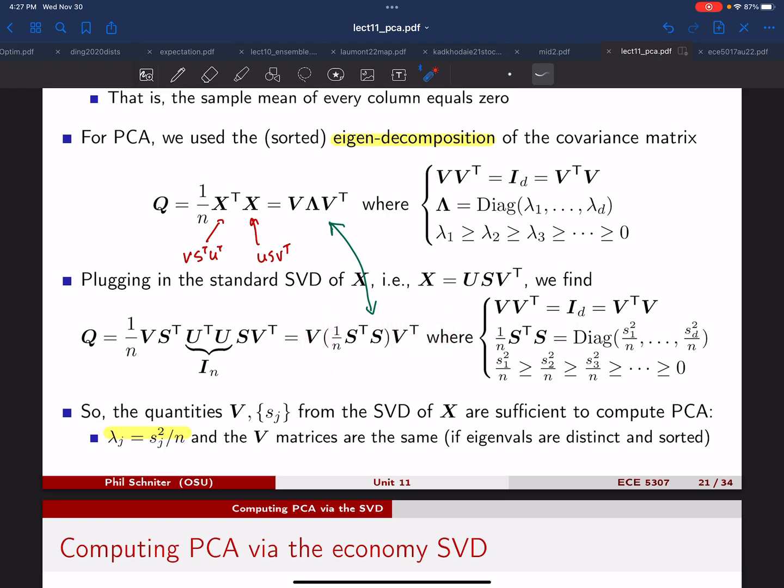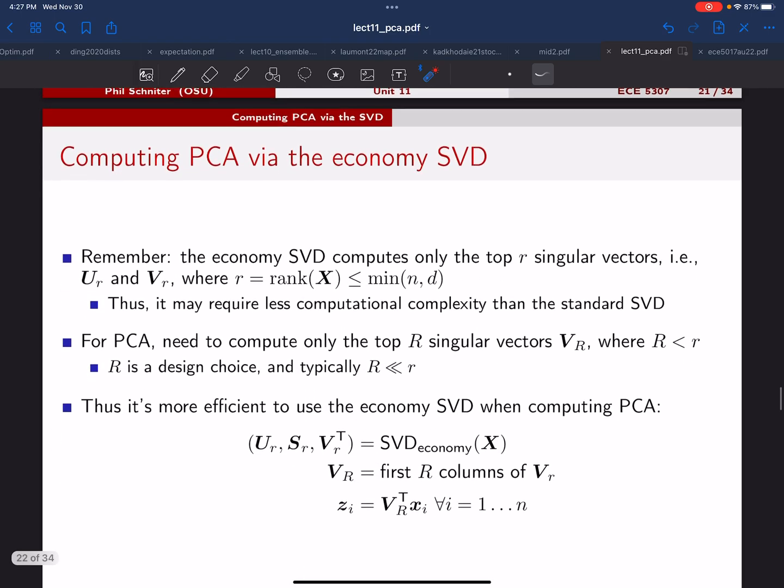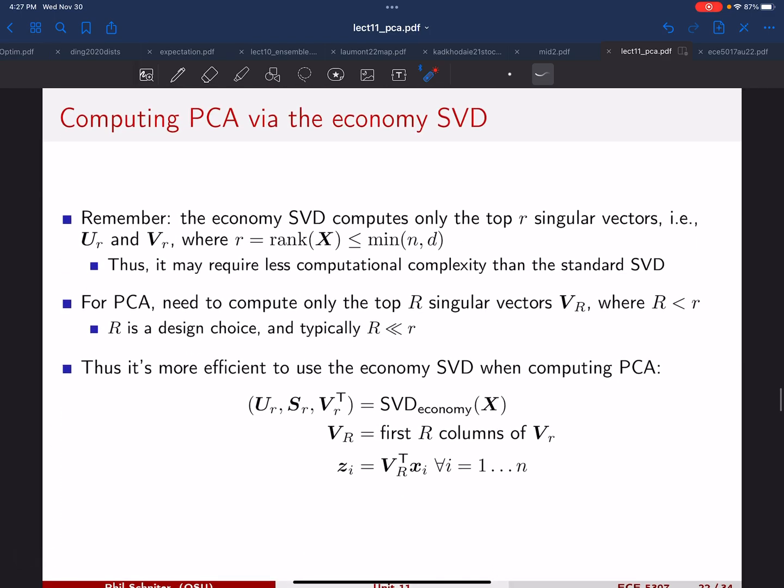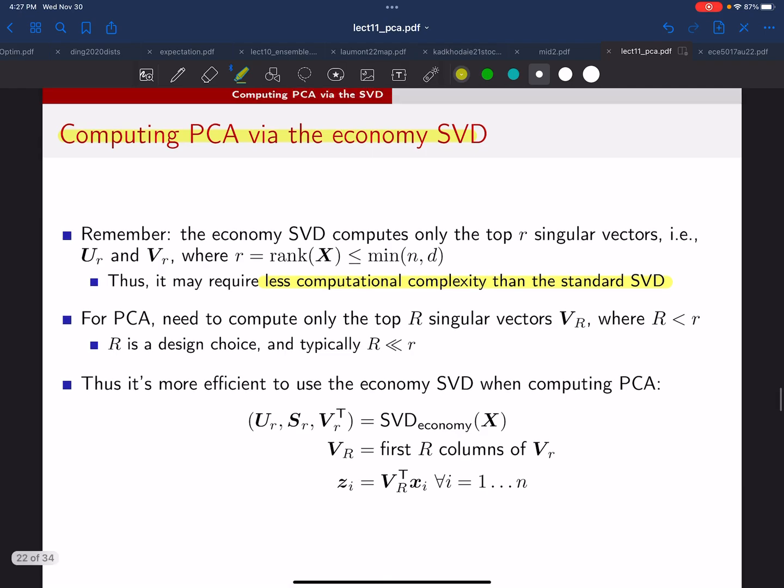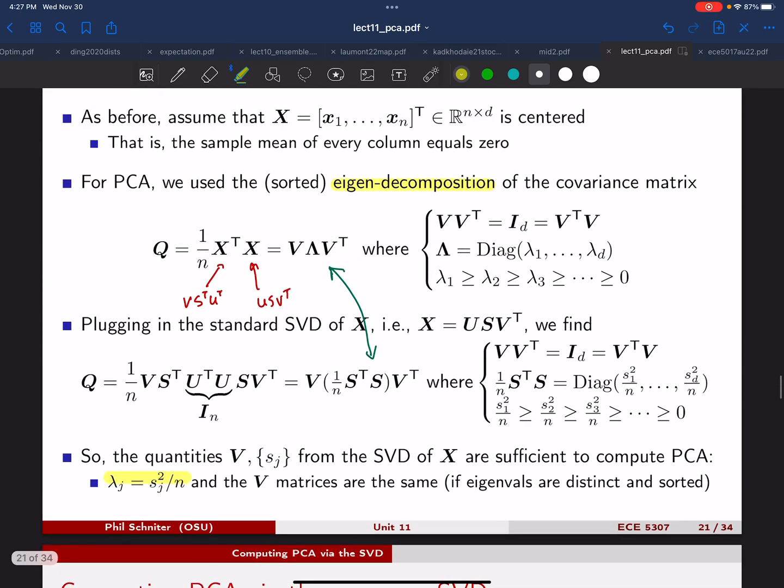We don't have to compute all the entries in the square V. So that's essentially what we're going to do. Compute PCA with the economy SVD. This is less computational complexity than the standard SVD. And remember that for PCA, we actually don't need even all of these eigenvalues, right? Because we're only going to keep the top R of them. R, capital R, that's our design choice.